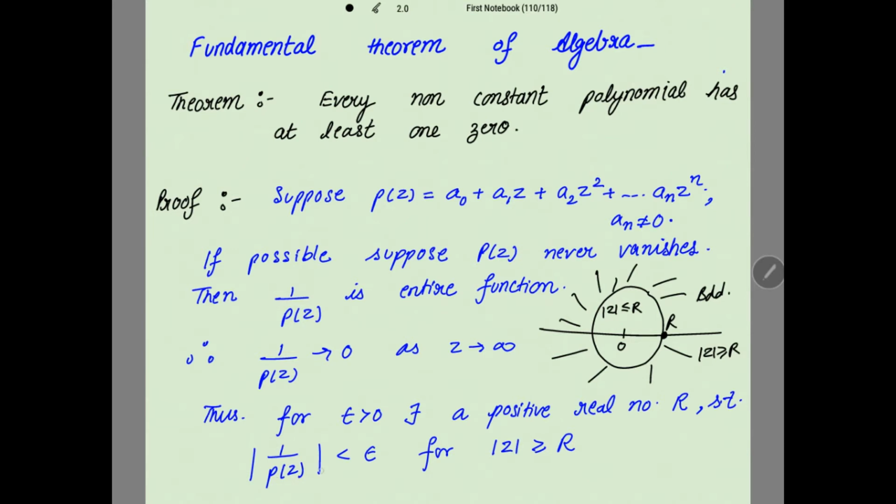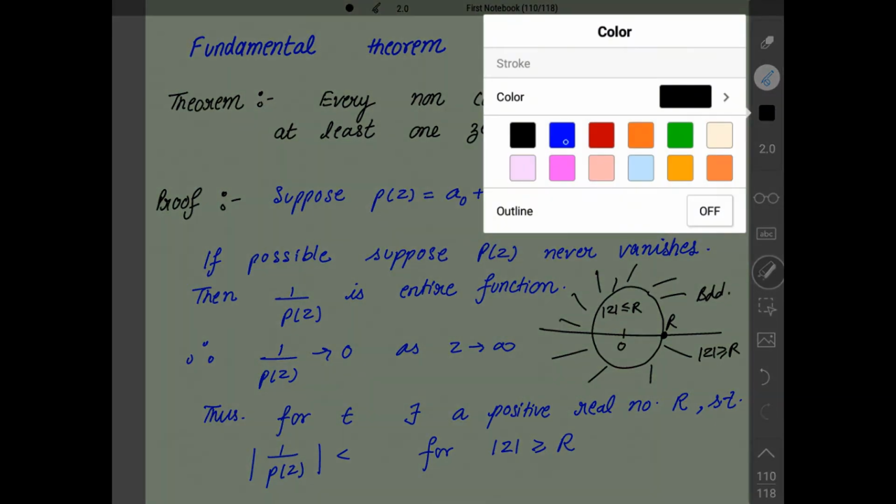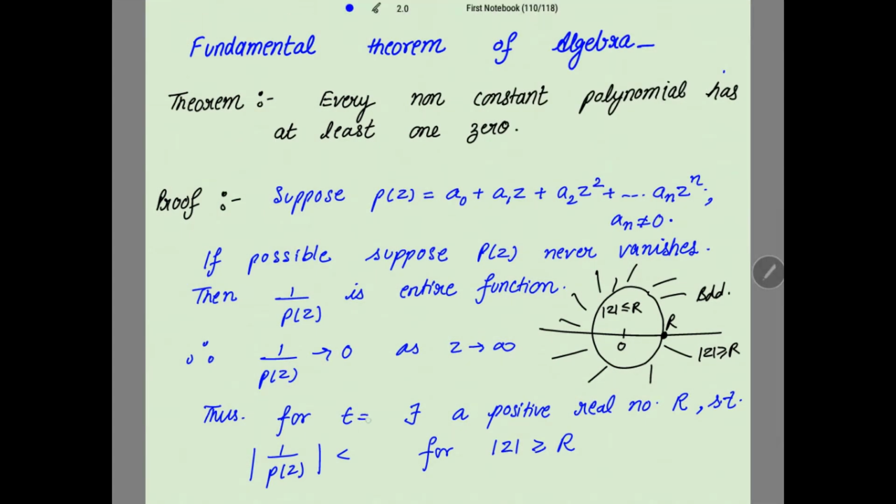Now I will take epsilon to be a positive 1. Let's take epsilon equal to 1. So for epsilon equal to 1, there exists a positive real number R such that the mod of 1 over P(z) is less than 1, because it is tending to 0. So can I write this mod to be less than 1?